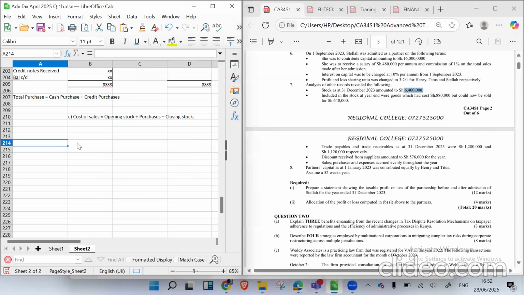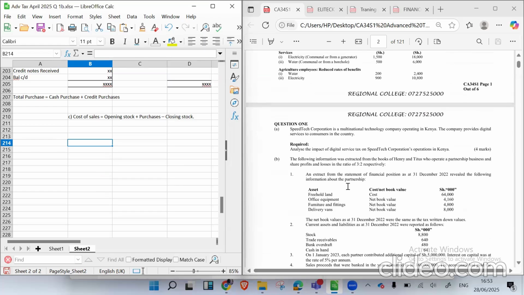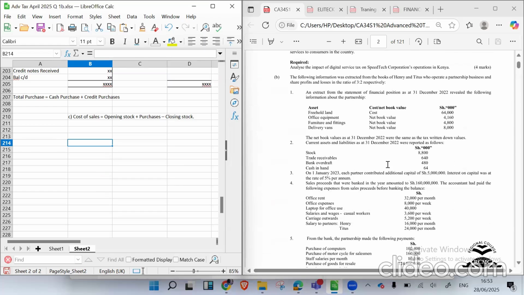Good. So wanaitwa Henry, Titus, and Stella. Let's answer it and see. The first one will be Henry and Titus. We kill two birds with one stone. Okay. So Henry, Titus, and Stella, 2023 taxable income computation.